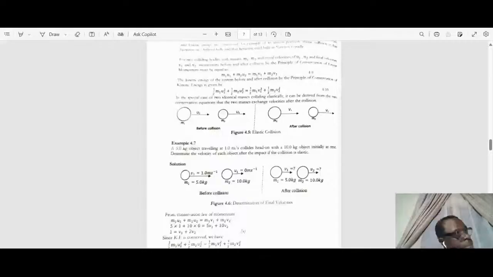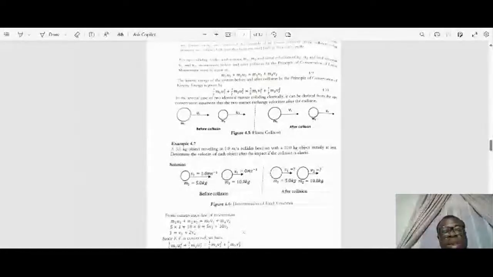So the figure 1.5 represents the two masses m1 and m2 with initial velocities u1 and u2. This is before the collision.